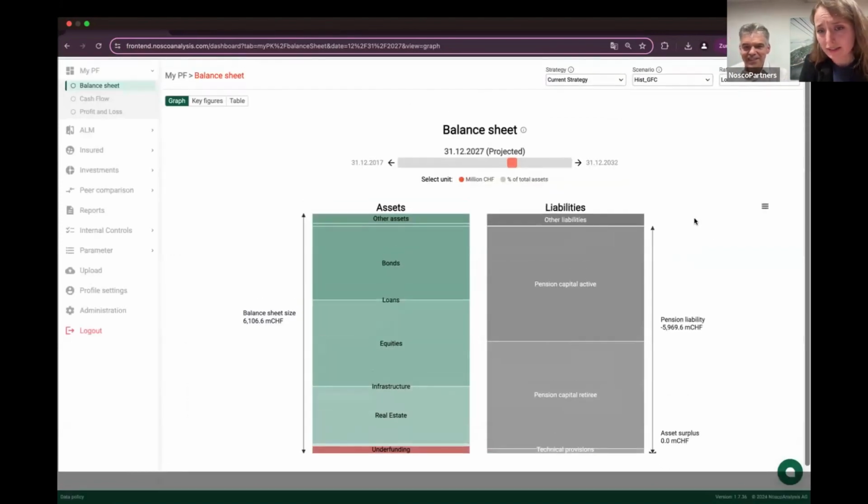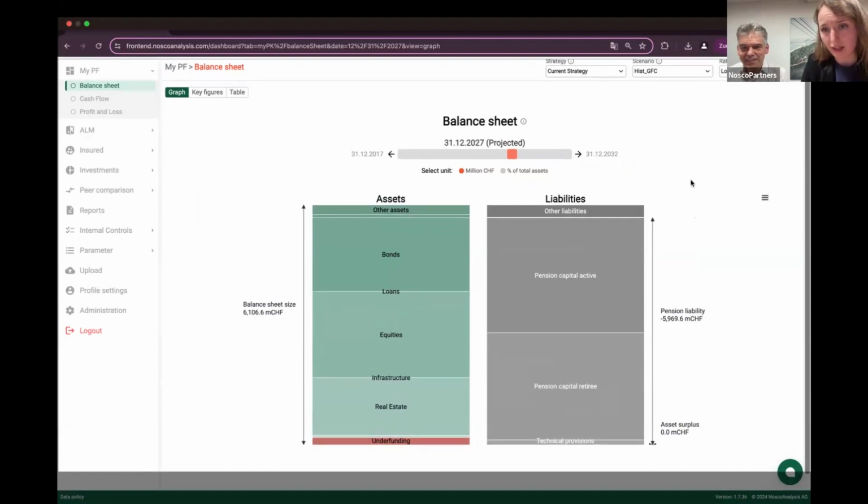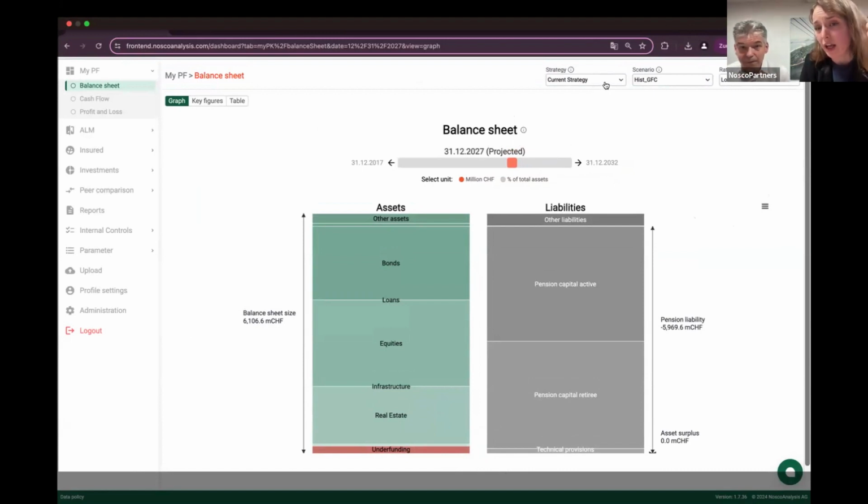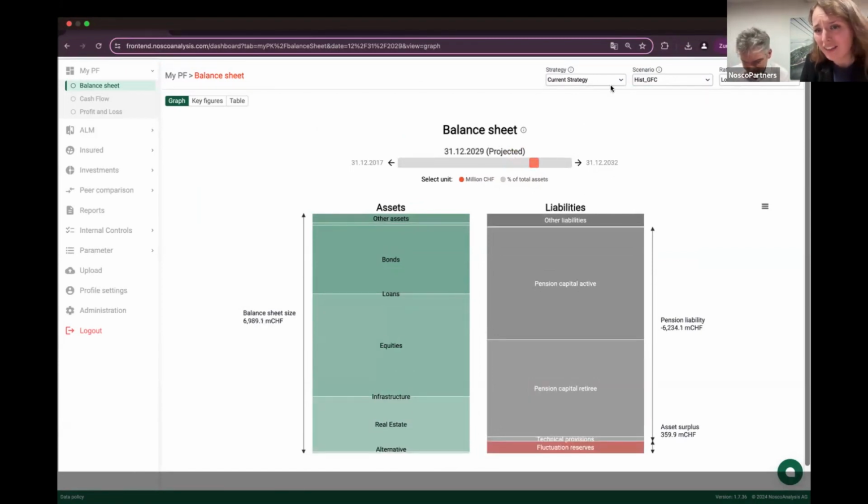So why is this actually important? It looks very simple, but simulating such a complicated business is actually an advanced simulation. And you can see that ACTUS helps us immensely to build up the whole pension fund and to get a view on this pension fund as one entity. And also we can implement different strategies and scenarios and project this balance sheet into the future under different combinations that are relevant.